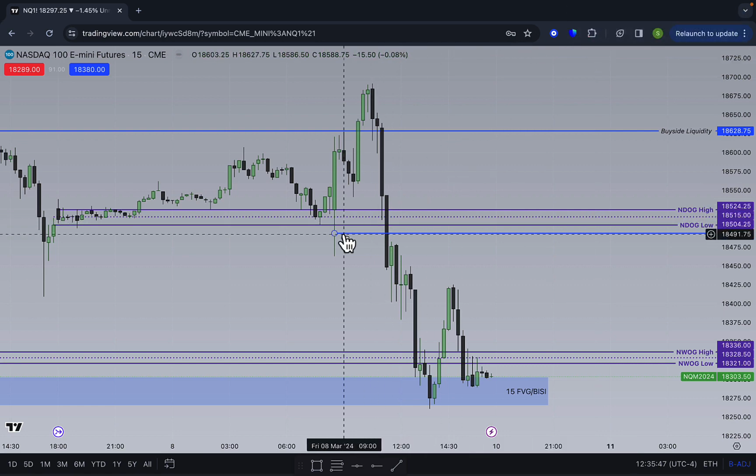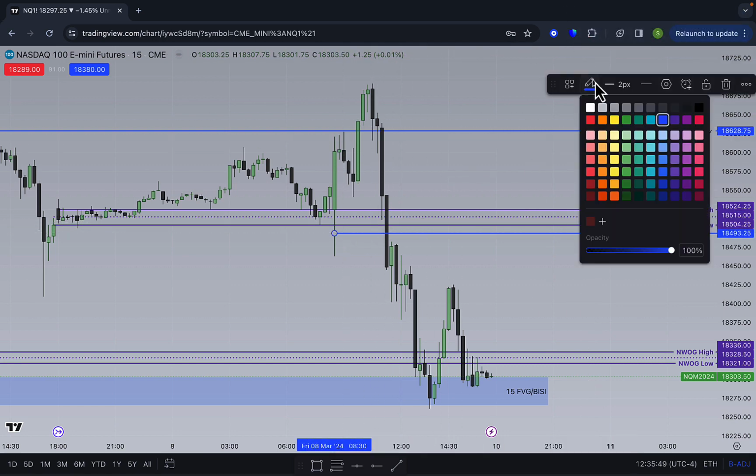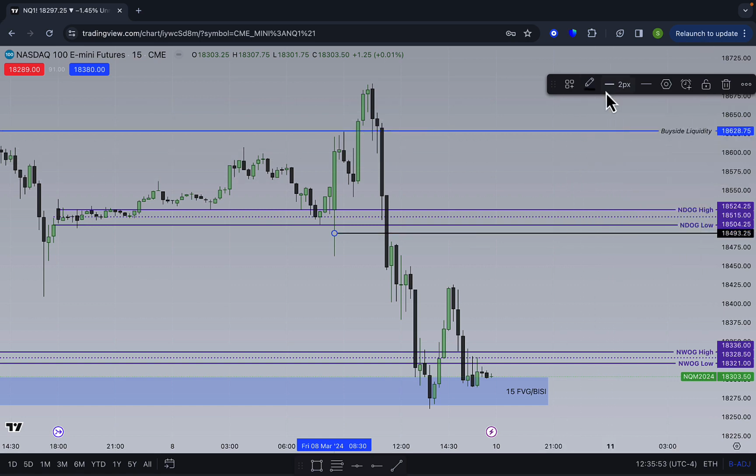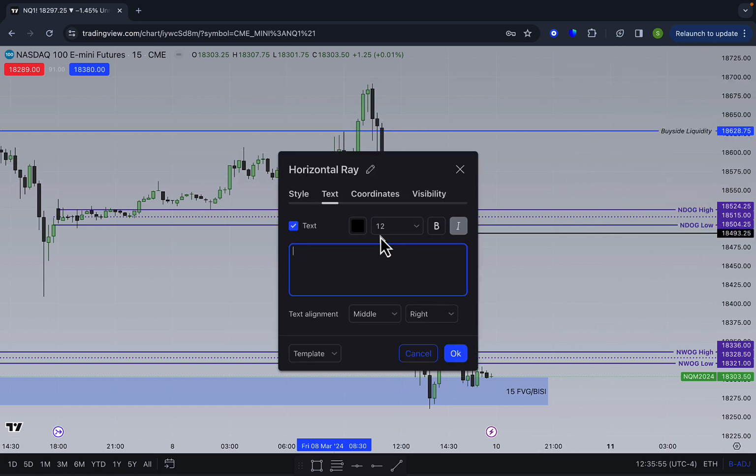I'll make it black. I'll just label it. Now, that is our 15-minute. That is our wick consequent encroachment. I will set at 8:30 just so we don't get lost.